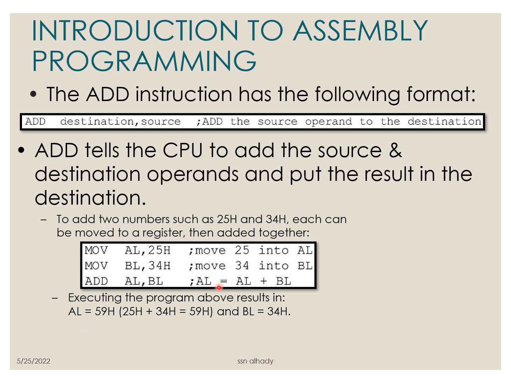So after you execute the instruction, AL will contain 59: 25 plus 34 is 59 hex, while BL remains 34. The contents of BL do not change.